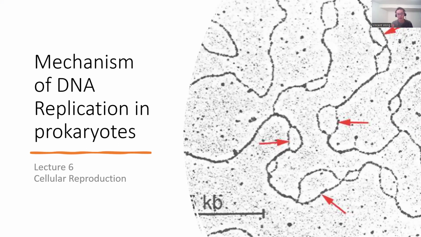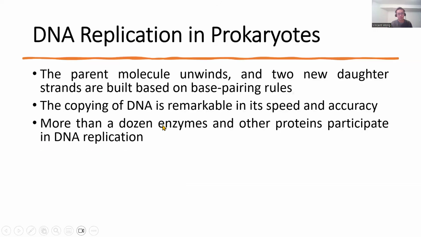To start you off, I'm going to show you what happens in prokaryote DNA replication, like how the bacteria do it, and then from that, I'm going to show you the human versions. The parent molecule unwinds, and then the 2 new daughter strands are built based on the base pairing rule. I kind of already alluded to that.